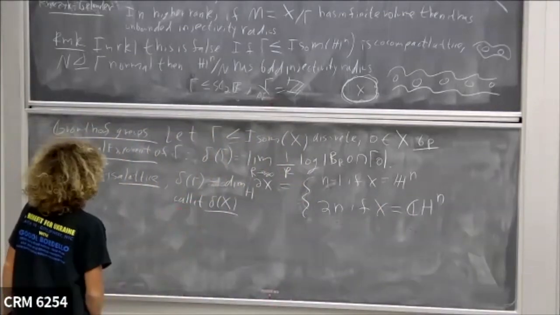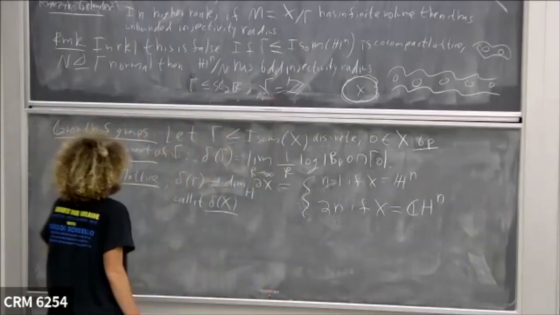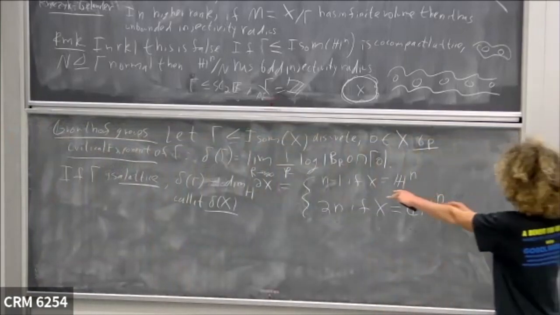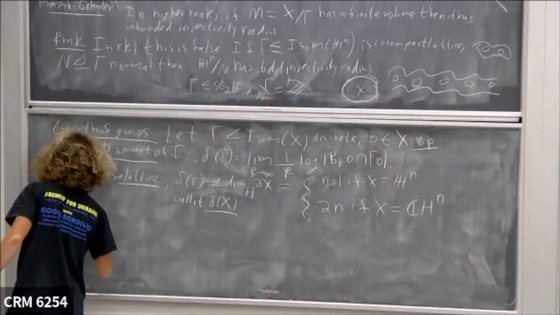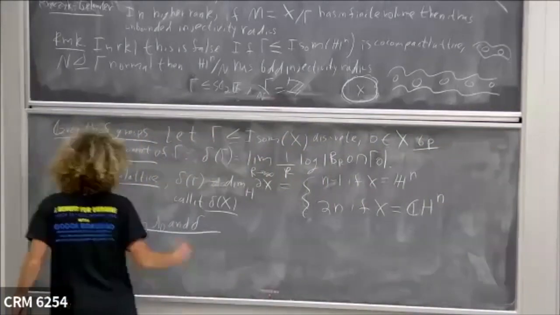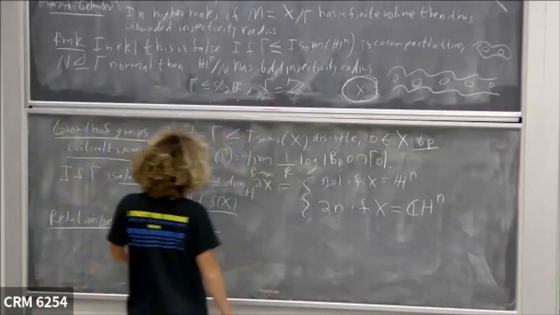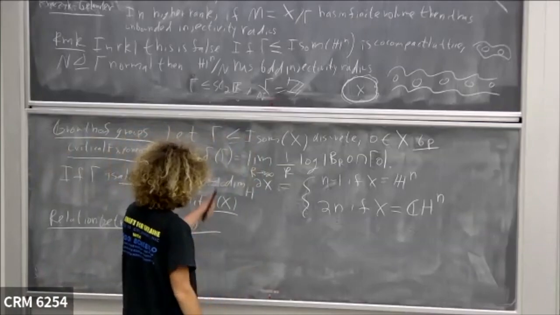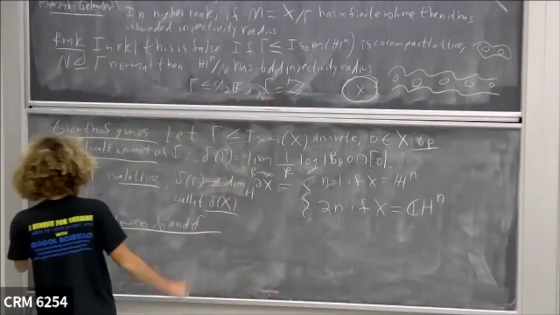Right, and there's a nice relation between this critical exponent and the bottom of the spectrum. This is due to Elstrodt, Patterson, Sullivan, and Corlette, where Corlette has the most general version.